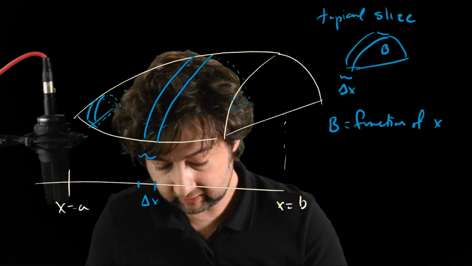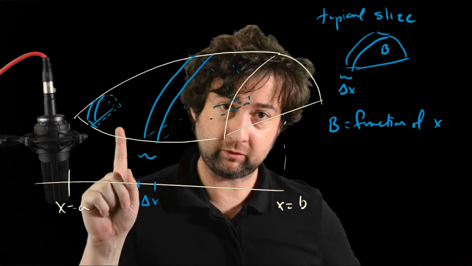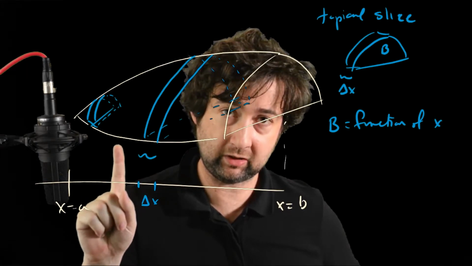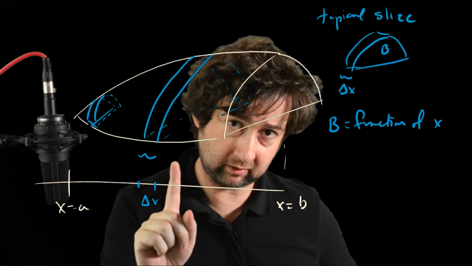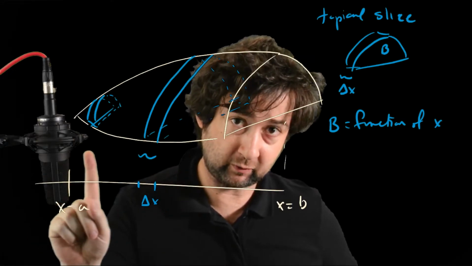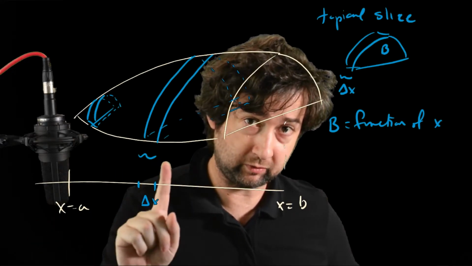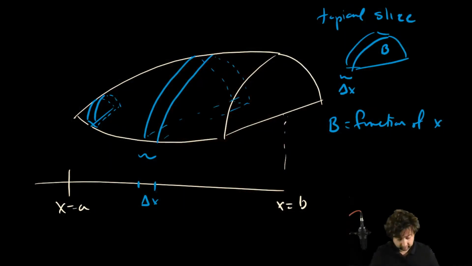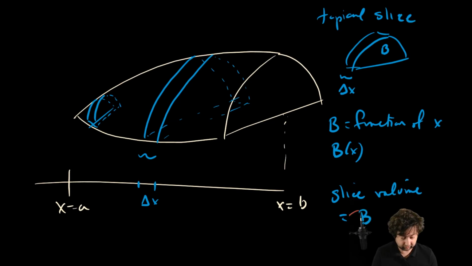But the idea is that as long as I've got some sort of mathematical function that tells me how the base area changes as I move from here to here, then I can write down a formula for the volume of these slices as I move. Okay? So really this is B of x. And so the volume of the slice that I'm looking at, the slice volume, is equal to the base area as a function of x times delta x.